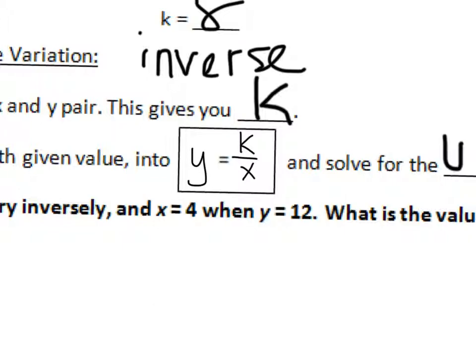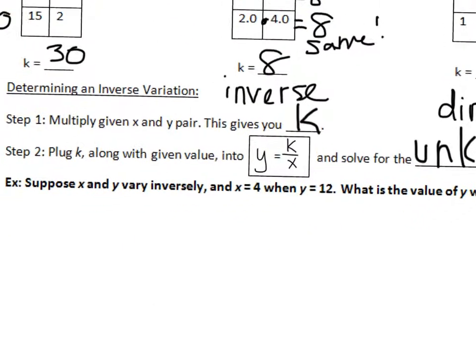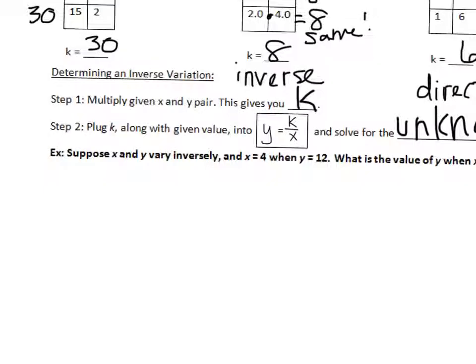So let's look at our first example. Now, here's where it's very important. Notice how we have the statement x and y vary inversely. When we have that statement, we know that we're going to go steps 1 and 2 under inverse variation. If it didn't say that and it said direct, well, then we're looking for that rule like we did on the warm-up, figuring out what number they're all multiplied or divided to get to.